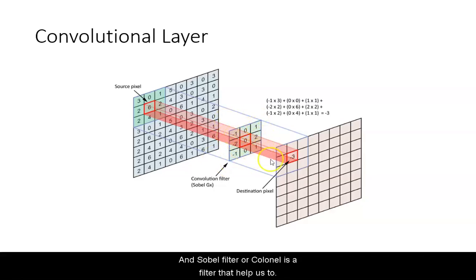And a Sobel filter or kernel is a filter that helps us to detect vertical edges. So using this filter, we can detect vertical edges in our image.